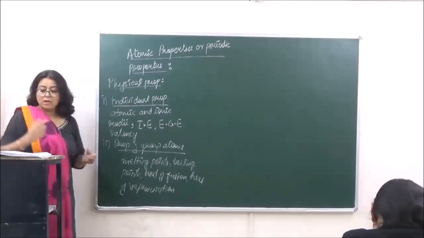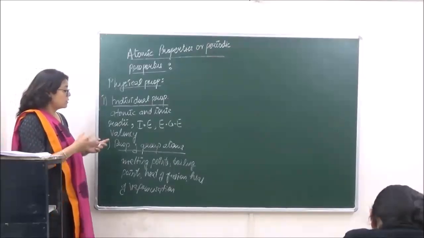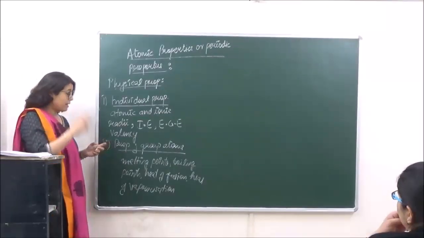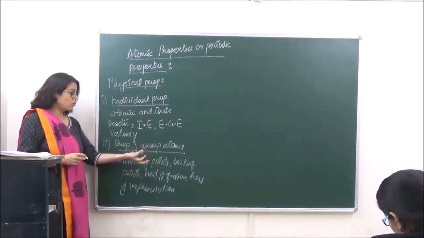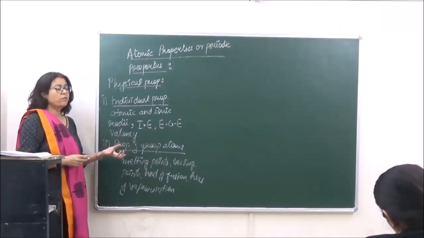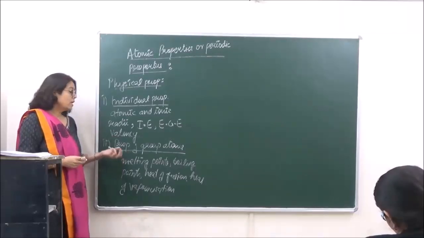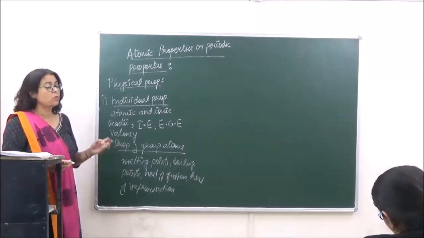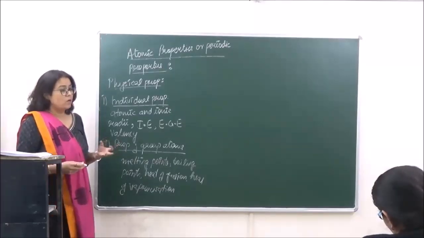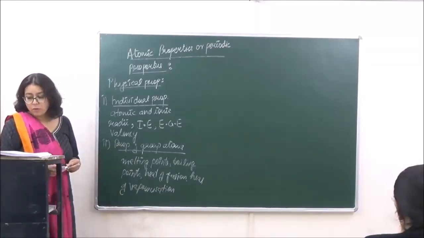When we are taking a lot of compounds, or a group of atoms together, then these are the properties of group atoms. Like when we are talking of boiling point, we are going to talk of water, right? If we're talking of melting points, again melting point is that of water. So water is a group of atoms. Okay, so these are the two types of properties.